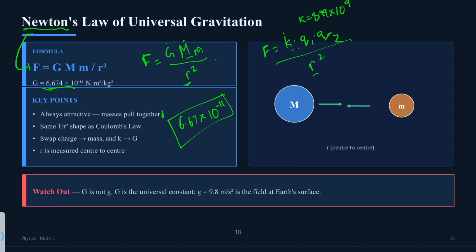So yeah, G, you need to remember, is in Newton meter squared per kilogram squared, which will just cancel out with these two to give you Newtons for force. R is just your distance, right? Distance from center.